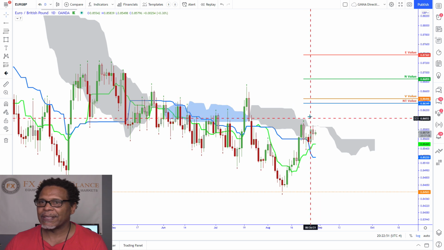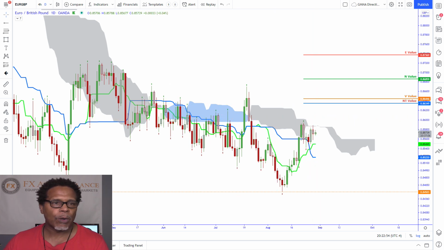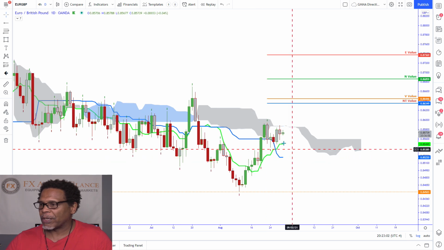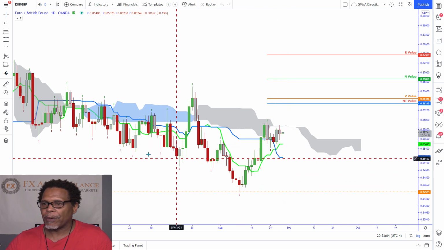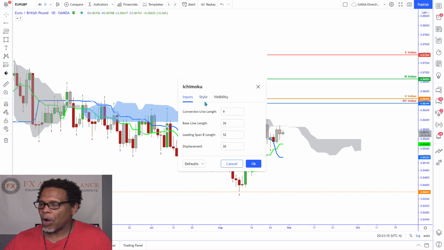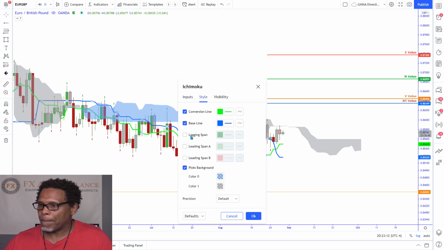Again, we're looking at the Euro Pound. So Euro Pound, I think, is starting to become a bullish market. We got our TK crossover here. Let me add one thing because I want to see where we are with the lagging span.